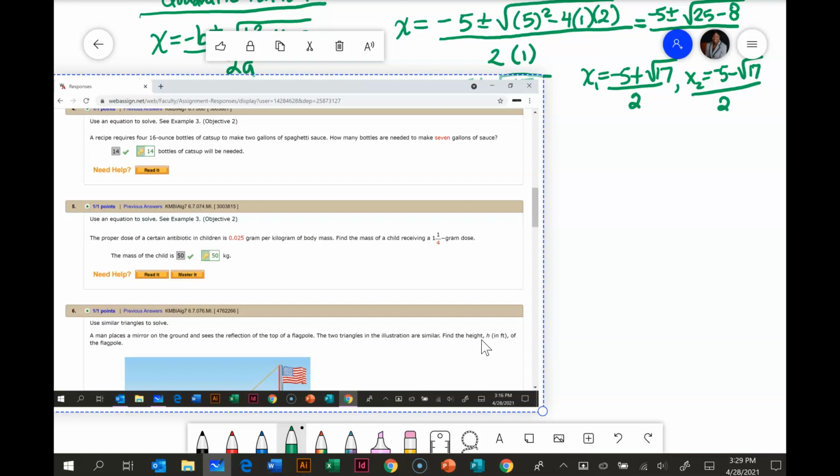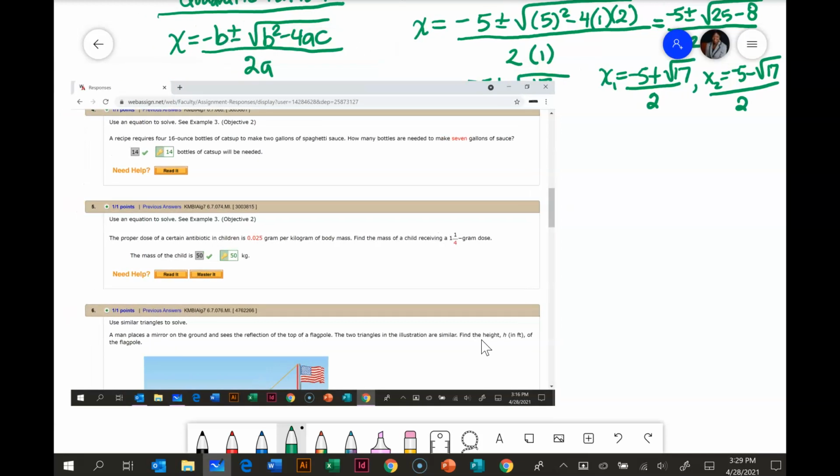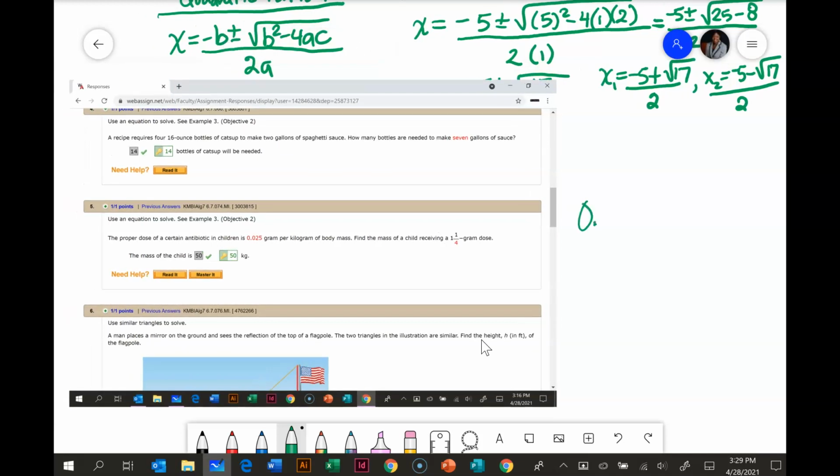Again, the proper dose of a certain antibiotic in children is 0.025, and a lot of times we use proportions, gram, and it says per. So per kilogram. What does per kilogram mean? 1 kilogram.